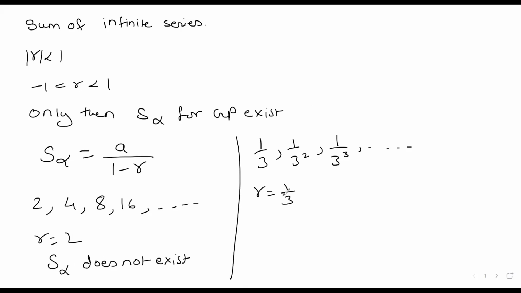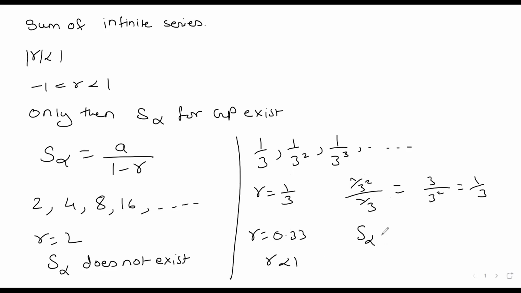How did r become 1/3? See, 1/3 square upon 1/3, so it is 3 upon 3 square, it is 1/3. r is 1/3, which means r is 0.33, so r is less than 1. So now the sum up to infinity of this GP exists.